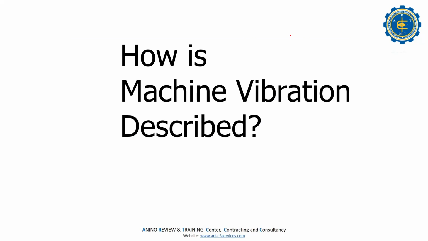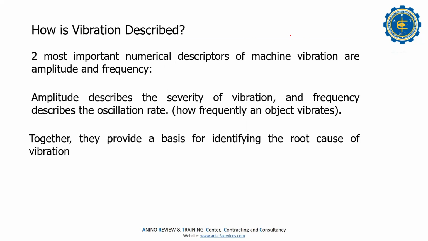So how is machine vibration described? The two most important numerical descriptors of machine vibration are amplitude and frequency. Only two. Amplitude describes the severity of vibration.